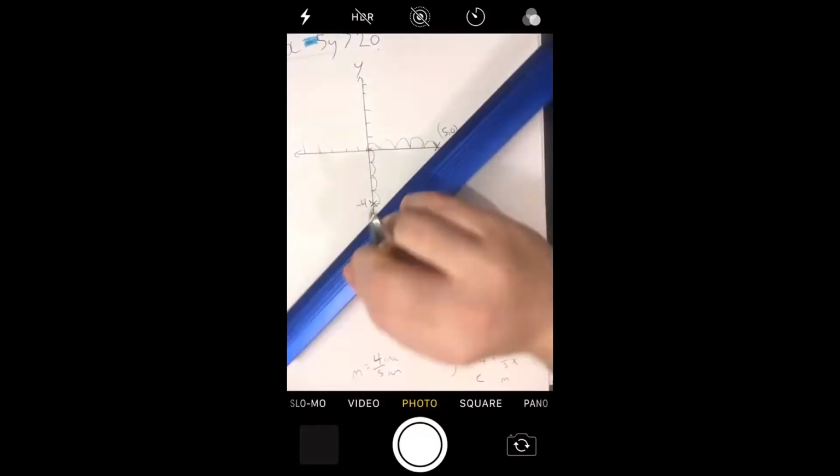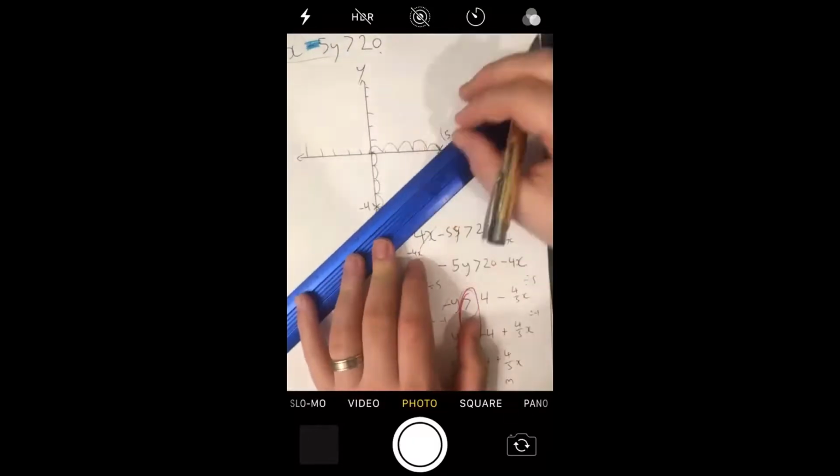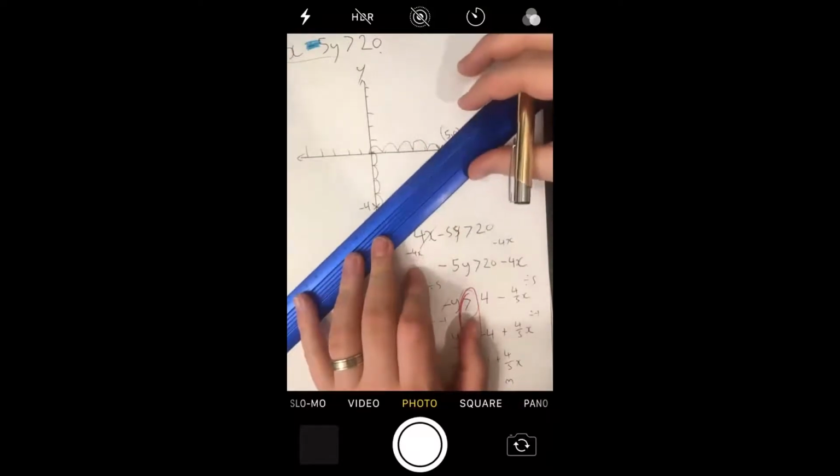And then I'm going to join these up with a line. I'm going to make that line a dotted line.